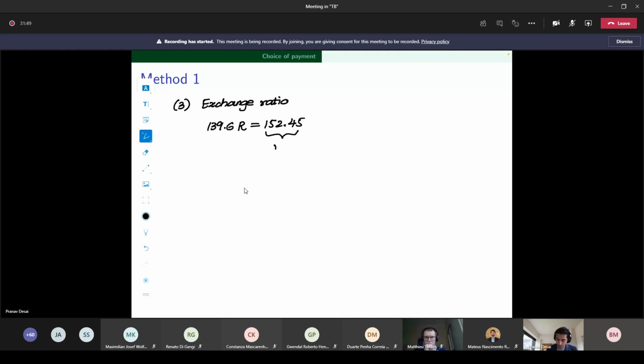So what are these? These are new shares to be issued. These are pre-merger shares. So for each pre-merger share, how many new shares?